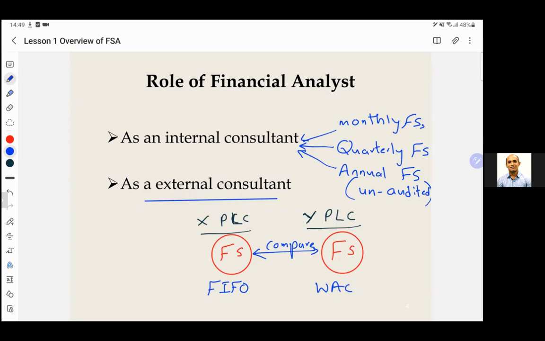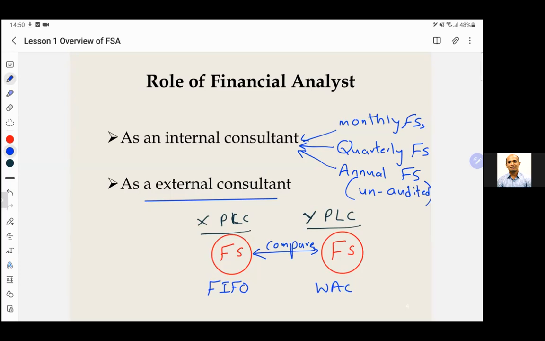Can you compare two companies? You can't compare two companies because their accounting policies are different.